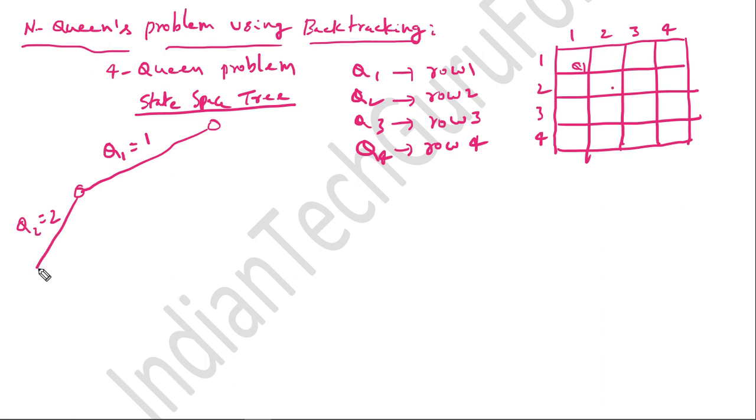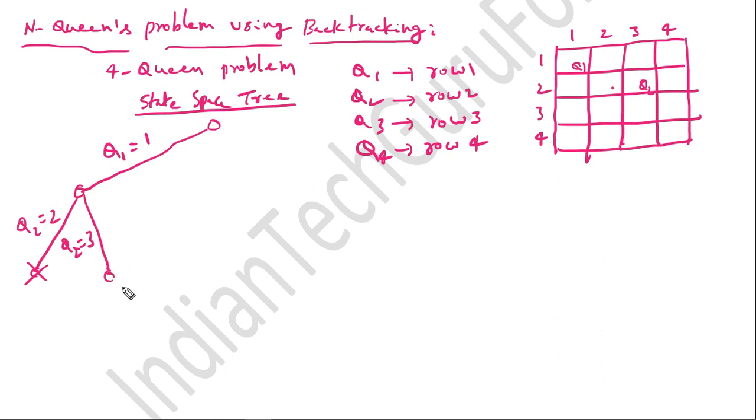That's why this particular track is not acceptable. So come back to the original location and track another way, that is, place q2 in the third column. Is there any problem now? There is no problem because q1 and q2 are not in the same row, same column, or same diagonal.